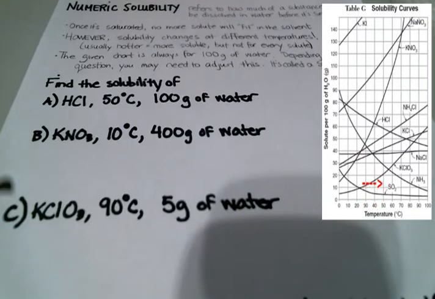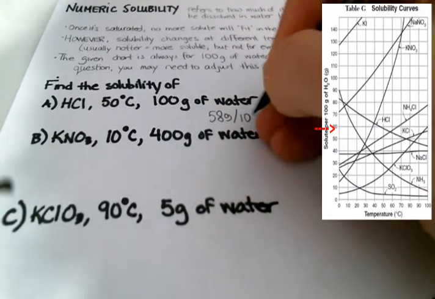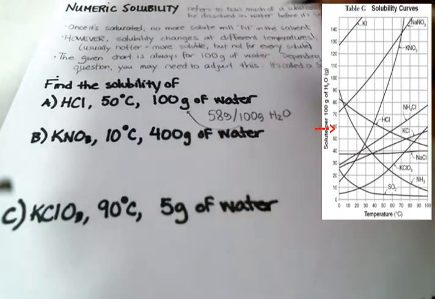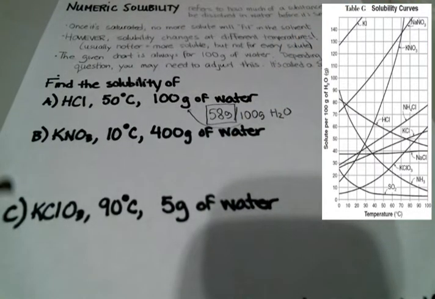So if we find 50 degrees Celsius at the bottom, trace it up to the HCl line, and then pull it to the left, it looks like we've got, I'm going to say, about 58 grams per 100 grams of water, which is exactly what I was trying to find. So my answer is the solubility is going to be 58 grams. Now, the next one, as you can see, it's 400 grams. So we have to do a little bit of math on this one.